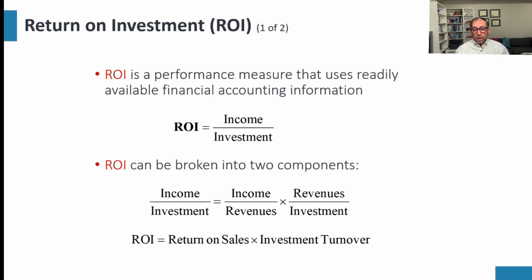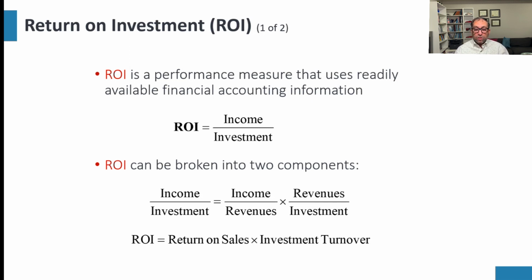ROI can be broken down according to the DuPont method into two components. Now, how can we do this? You see that nothing has changed. The main ratio is income over investment, which is ROI. But if we multiply this income over investment by revenue as a numerator and revenue as a denominator, nothing is going to change because we are multiplying and dividing by the same number.